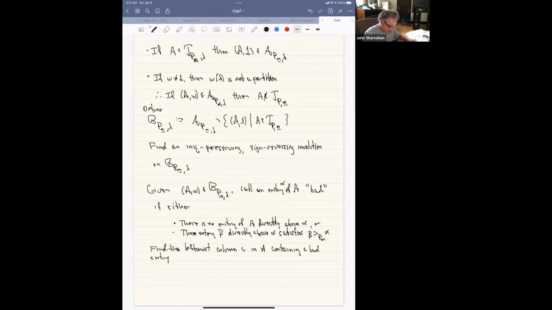In column C, find the lowest bad entry. Let R be the row above the bad entry.